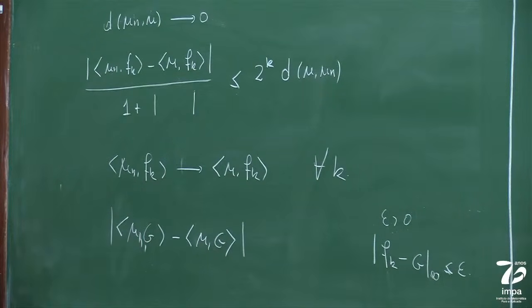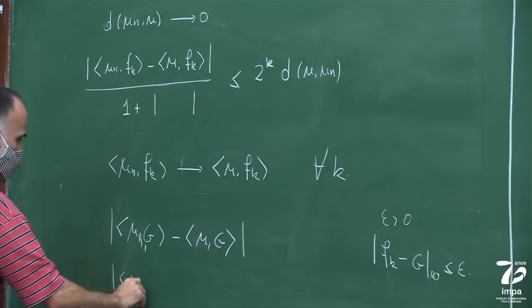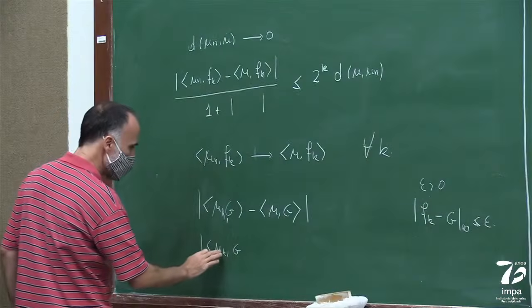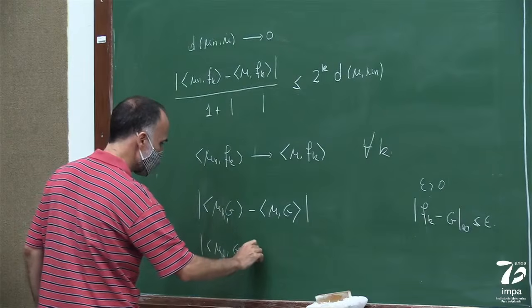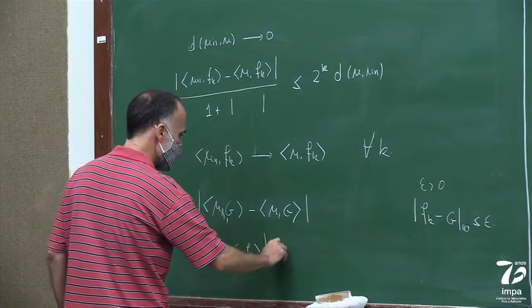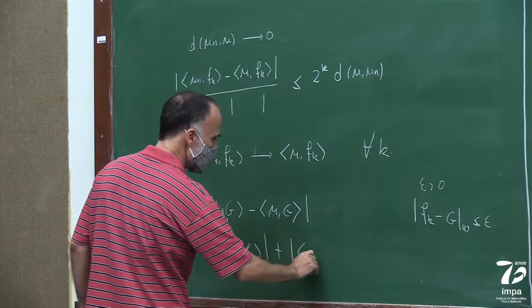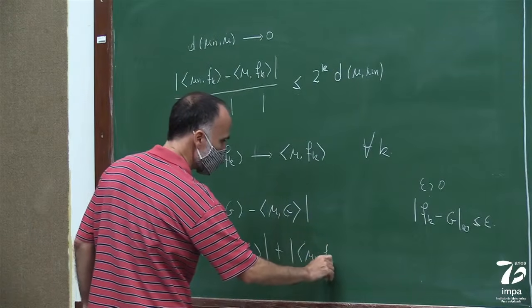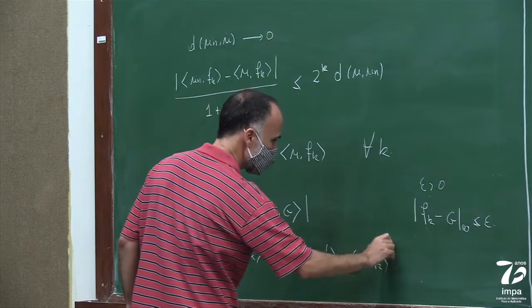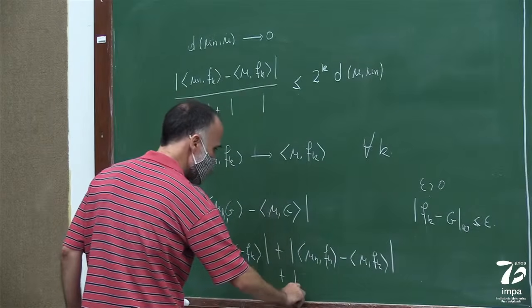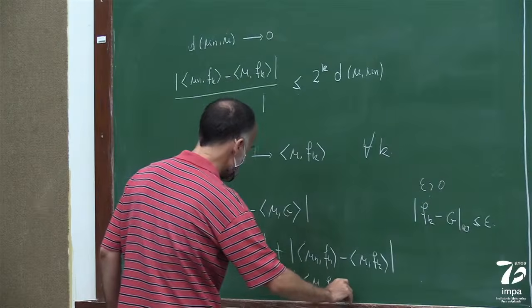So by triangle inequality, this is bounded by mu_n of g minus f_k, plus mu_n f_k minus mu f_k, and then plus mu of f_k minus g.